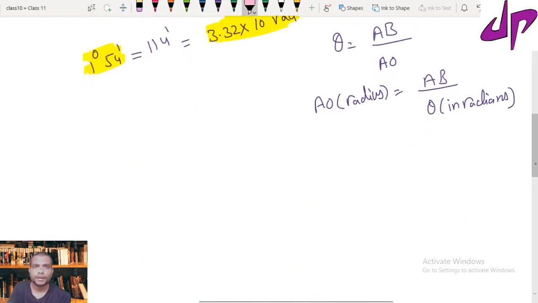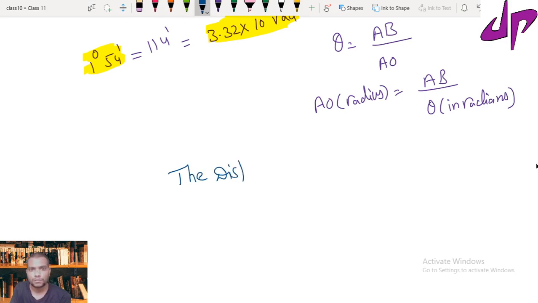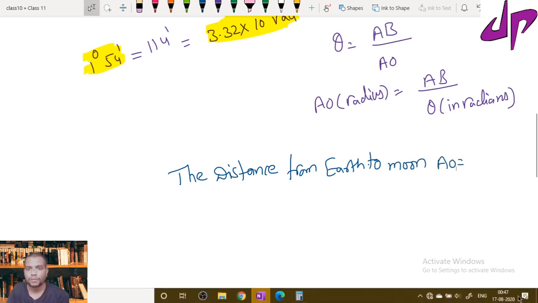AO is the radius, so the distance AO is nothing but the distance from earth to moon. Therefore the distance from earth to moon, that is AO, equals AB upon theta.